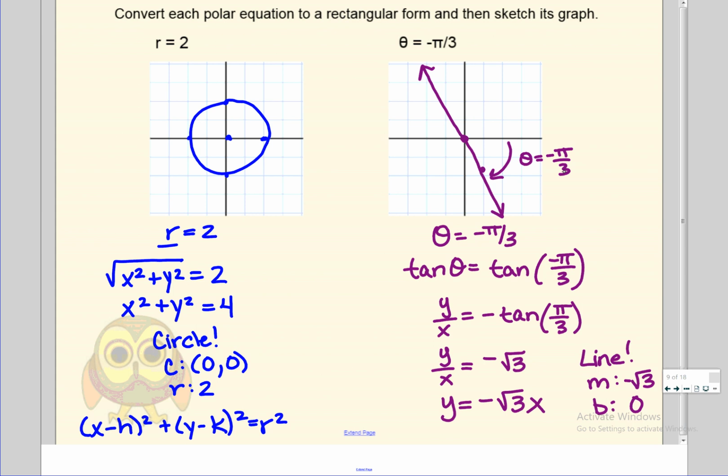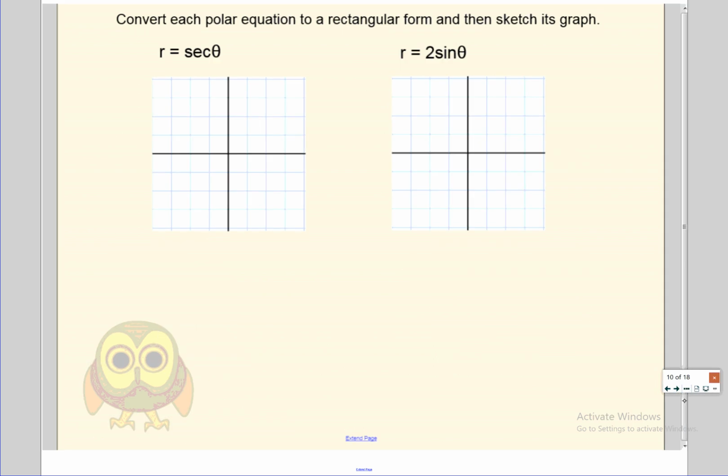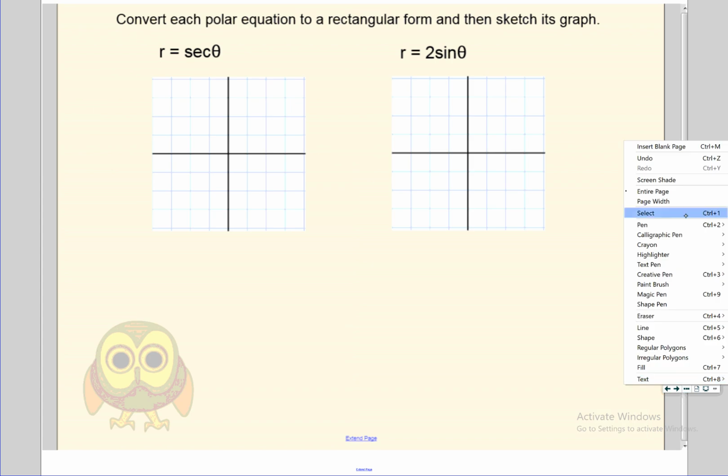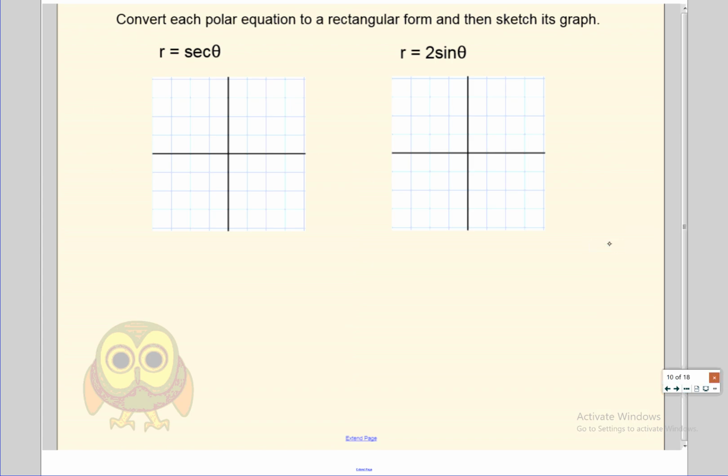Okay, we've got two more of these just so you can have an example of each one in your notes. r equals secant theta. Okay, so secant is not one of my conversion formulas, but what is that's really similar to secant? Let's write it as 1 over cosine.